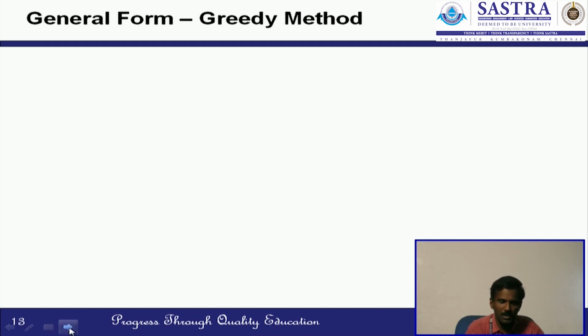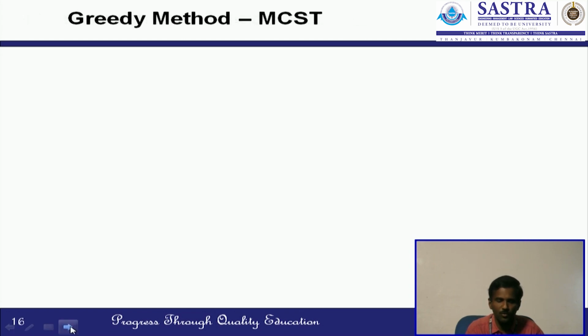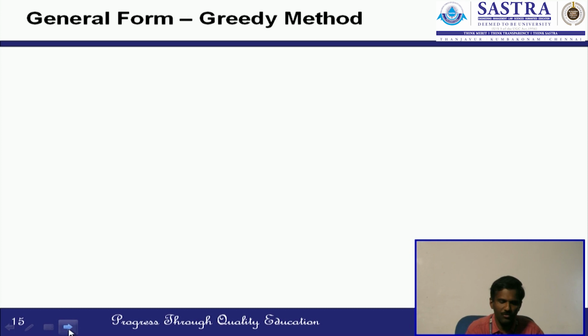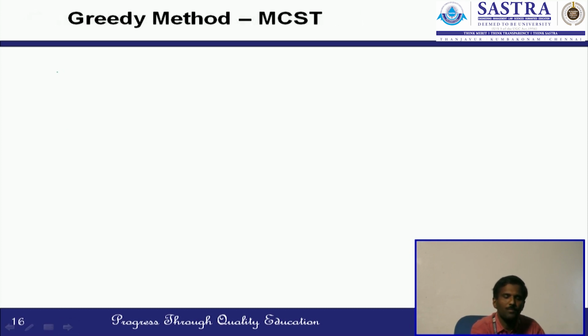One of the optimization problems that we are going to consider here is with respect to a graph, that is, the spanning tree problem. Before going to the term spanning tree, we have to look into the important term called weighted connected graph.